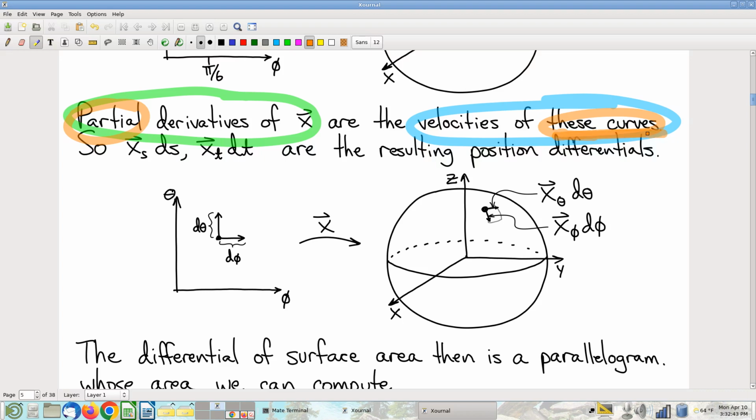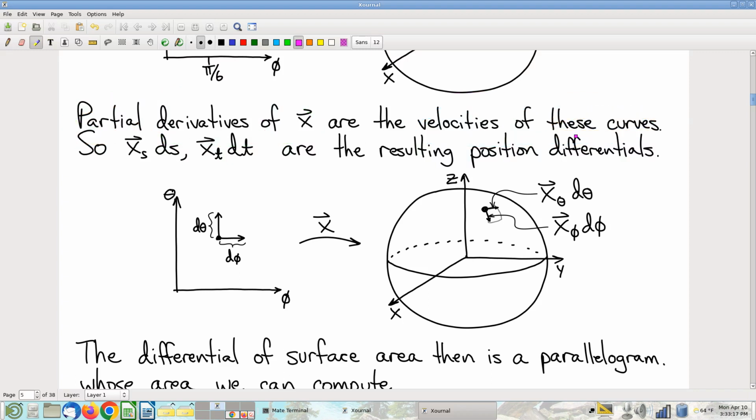Coordinate curve, hold one of the variables constant. Partial derivative, hold one of the variables constant. All right, next thing. What do you do when you're taking a velocity of a coordinate curve? Well, you're taking the derivative with respect to the remaining variable, the only parameter that is part of that coordinate curve. That's what you do when you're taking a partial derivative as well. So computationally, these are the exact same methods. We're just viewing them in a different way. So hopefully no surprise that these are actually the same thing.